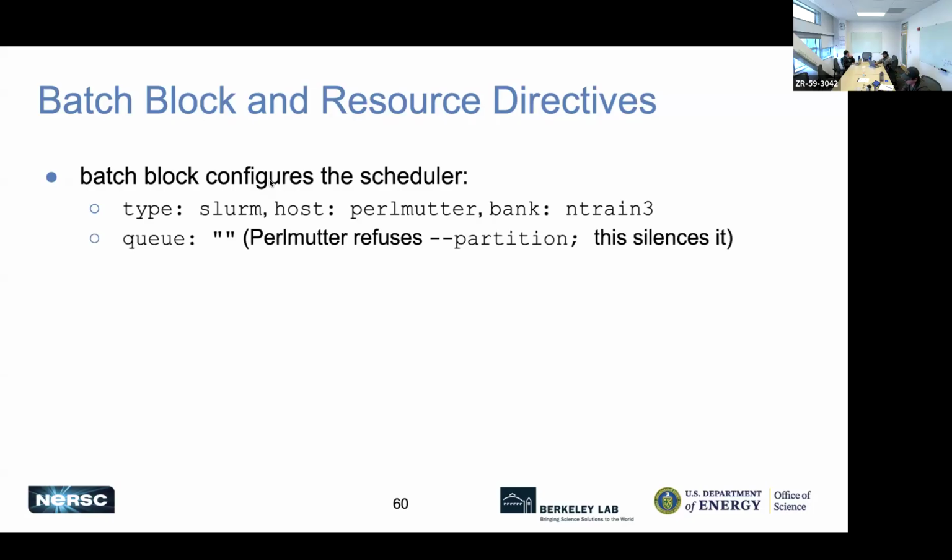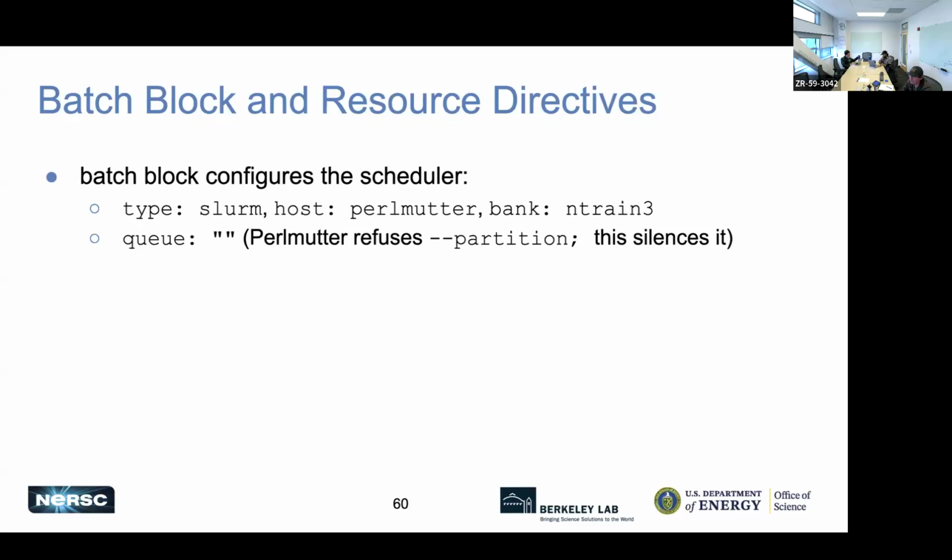Train 3 today. Now, here's one of the weird gotchas. Q, if you don't put Q in, then Maestro is going to auto-populate a string in an SBatch queue parameter. And the queue, under the hood, is going to use a partition equals something. And that's in conflict with how NERSC manages Slurm, because we don't use the partition flag to guide jobs, we use the quality of service flag.